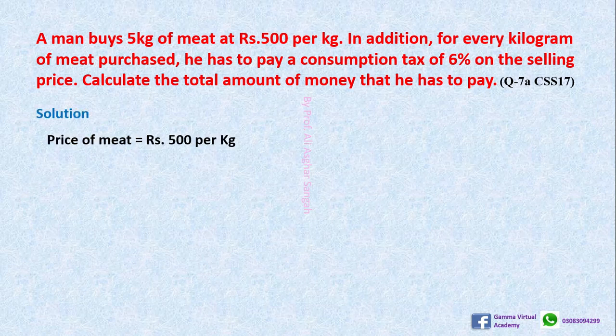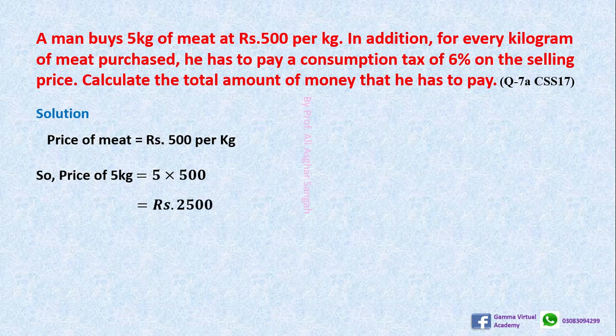Okay, solution. The price of meat is 500 rupees per kg. So the price of 5 kilogram is 5 into 500 because 5 kilo we have. Price of 1 kilo is 500 rupees, and so the price for 5 kilogram meat is 2500.